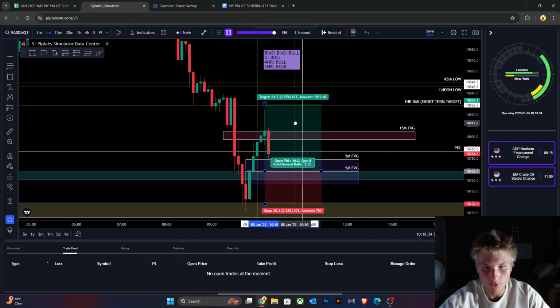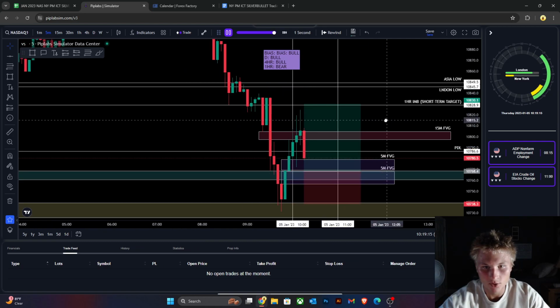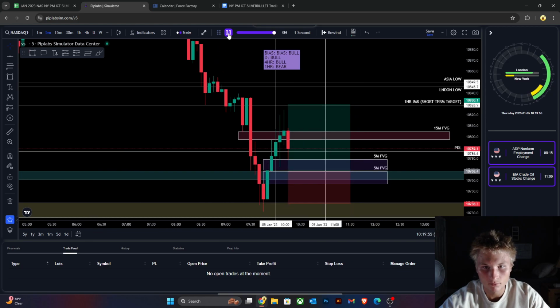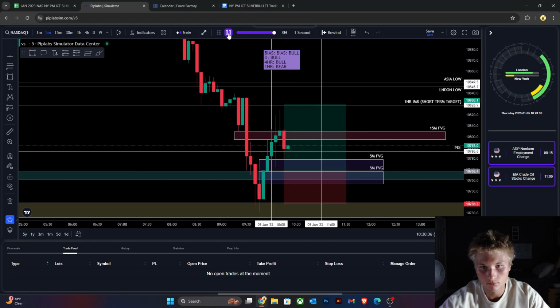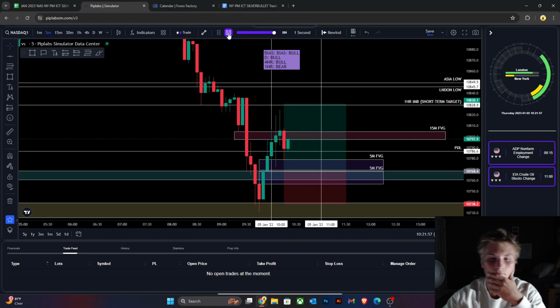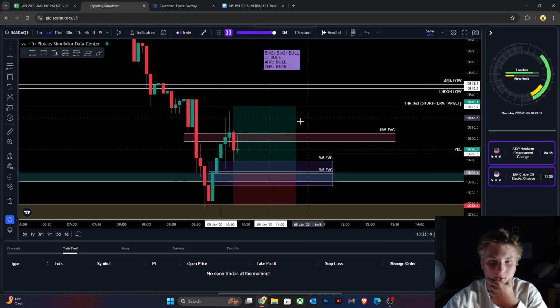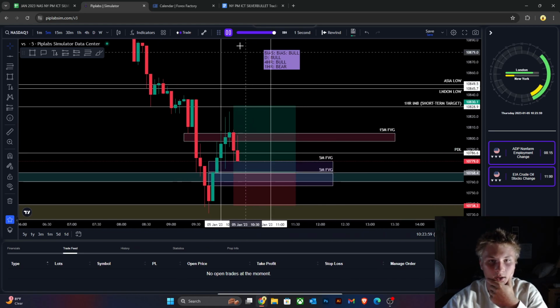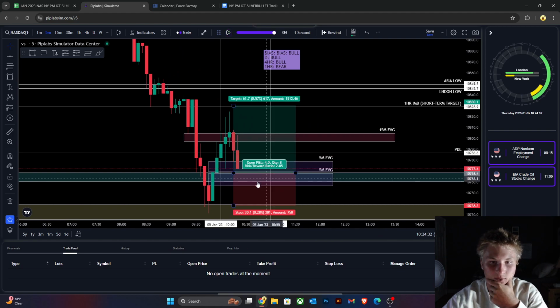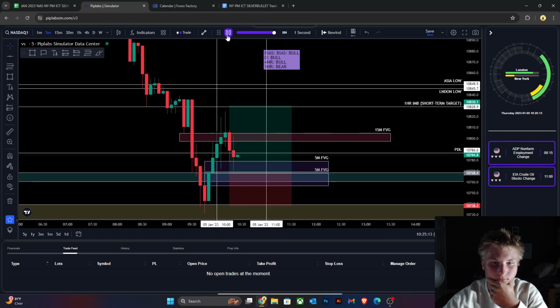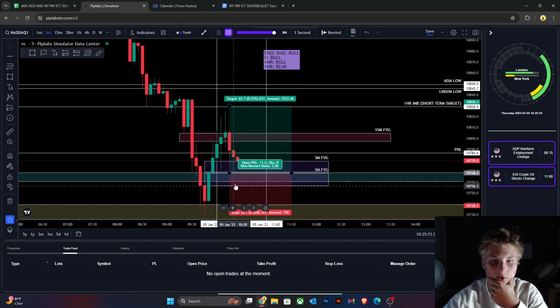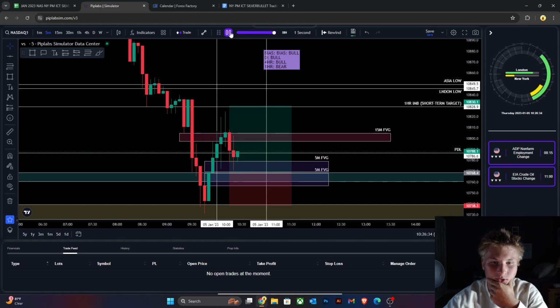But yeah, right here, if we tap into the lower gap, I'll enter off of that. Looks like we re-tapped that 5-minute gap here. Reacted off of it again. But yeah, if we can tap into this lower gap, I'll get my entry. It's like we almost tapped into it.